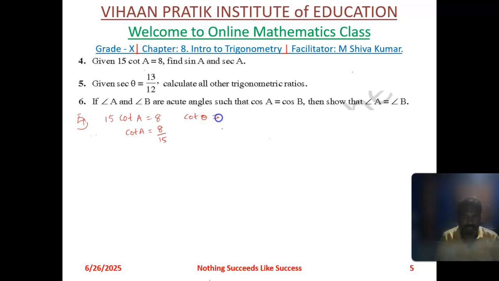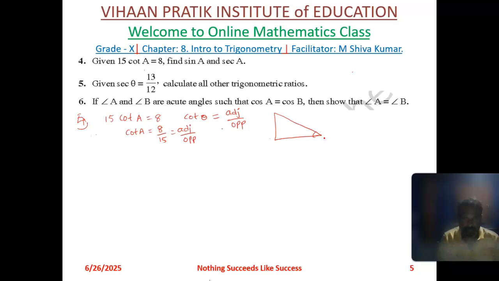theta or cot A, whatever it may be, represents the ratio of adjacent by opposite. So here 8 is adjacent to the angle A and 15 is opposite to the angle A. Now let's draw a right angle triangle which represents this ratio.